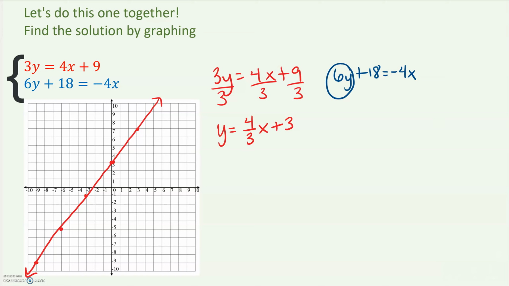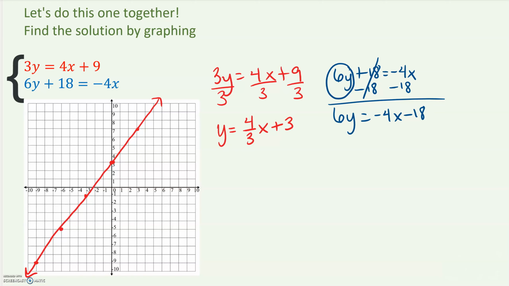So I need to get rid of that 18 by subtracting it from both sides. And I'm left with 6y equals, now, do not combine the -4x and the -18. They are not like terms. So I'm going to say -4x - 18. I'm going to keep them separate because they're not like terms.